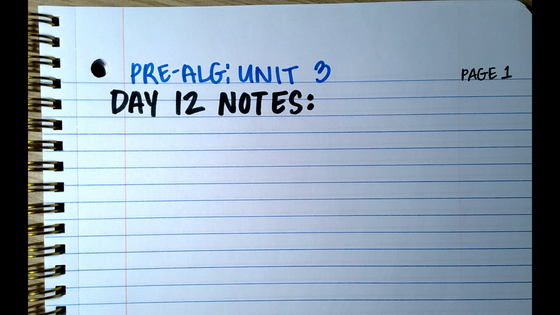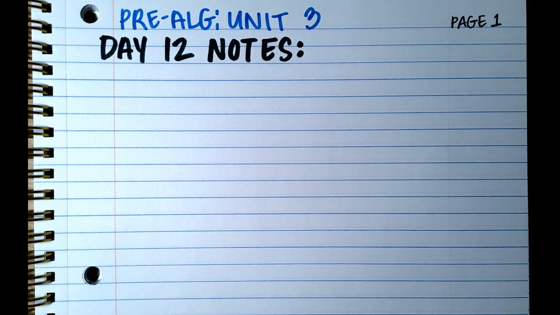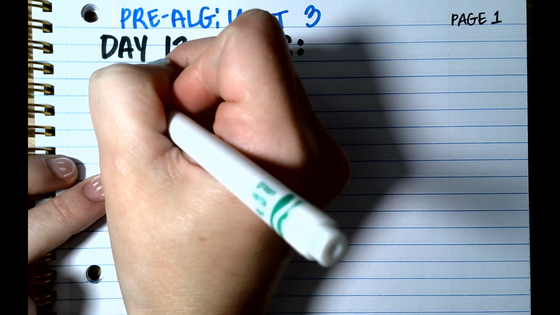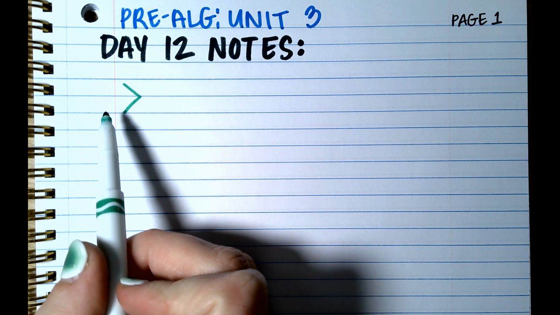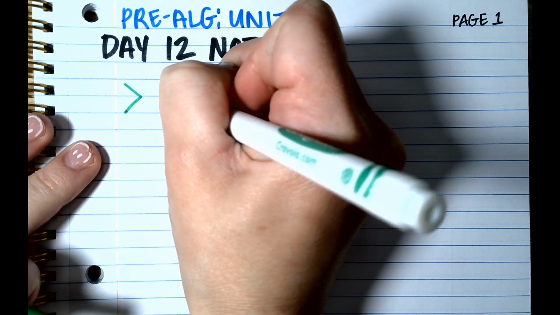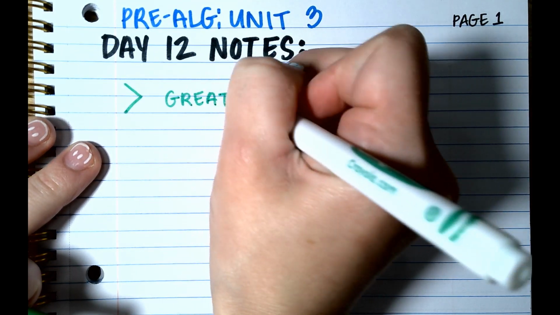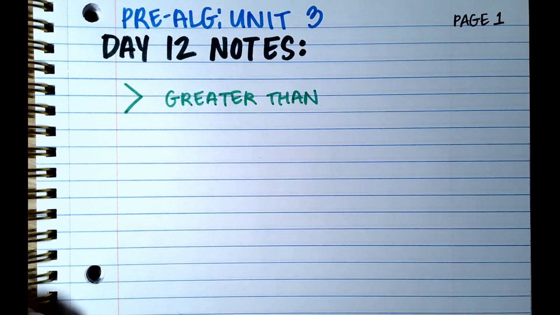Okay, so last time that we were here, we learned about inequalities, and now we are still learning about inequalities, but we're looking at a couple more different types of signs. So we know that this sign is greater than.